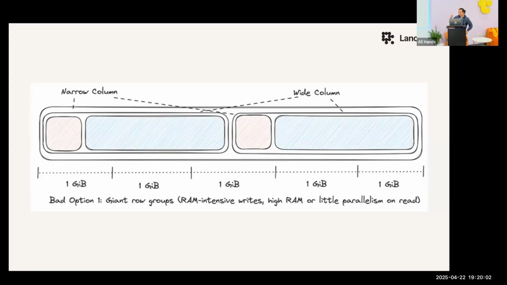That means your row group sizes are optimized for essentially the small columns, and then you're carrying a ton more data within each row group for the wide columns.